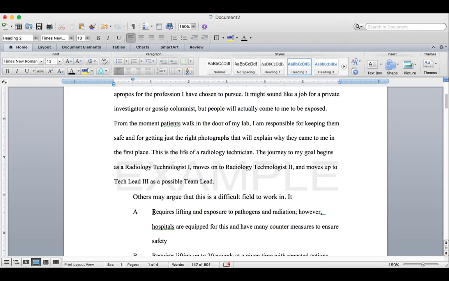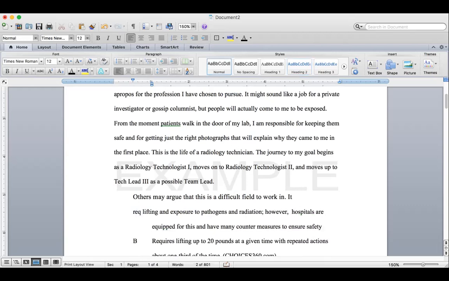Okay, then I'm going to do this, requires lifting and exposure to pathogens and radiation.